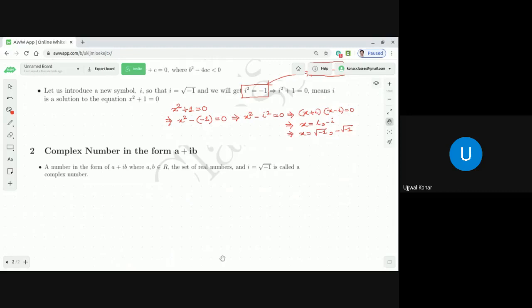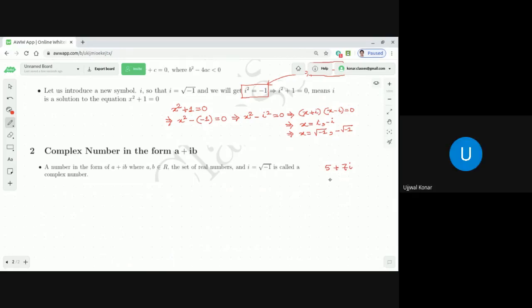For example, if I say a number called 5 plus 7i, it is a complex number. Why? Because I am able to express it in the form of a plus ib, which is 5 plus 7i, where both a and b, that is 5 and 7, belong to the set of real numbers.